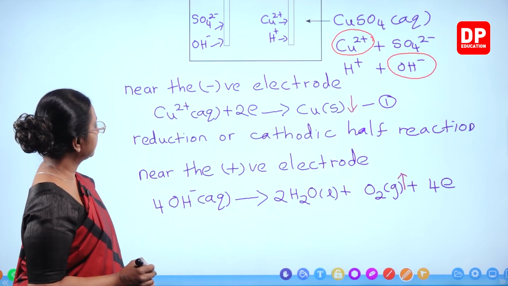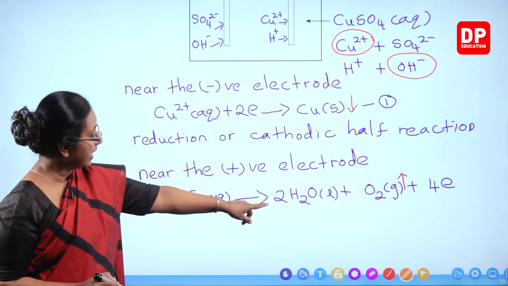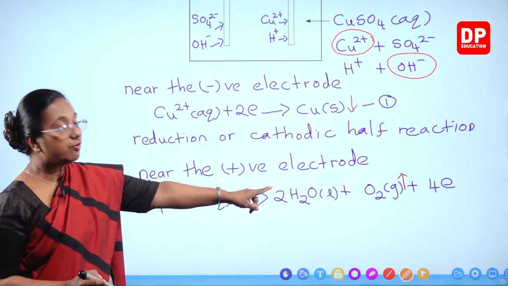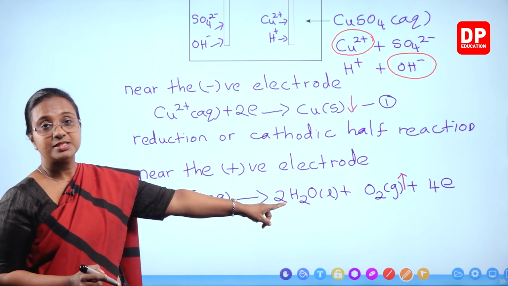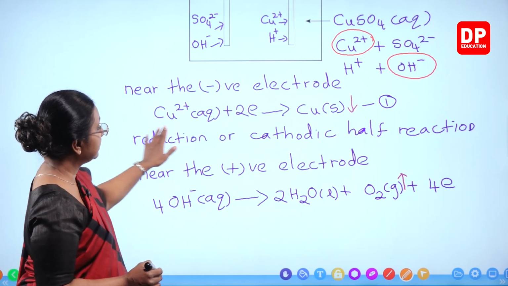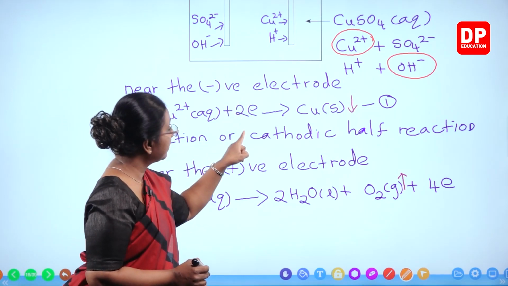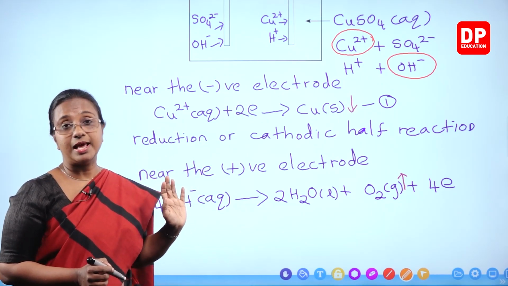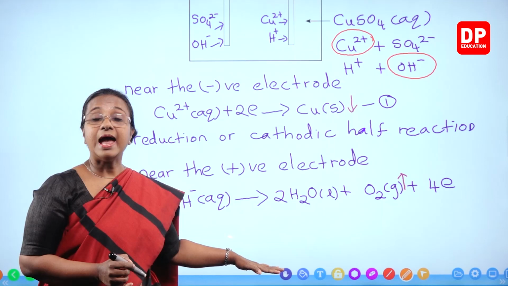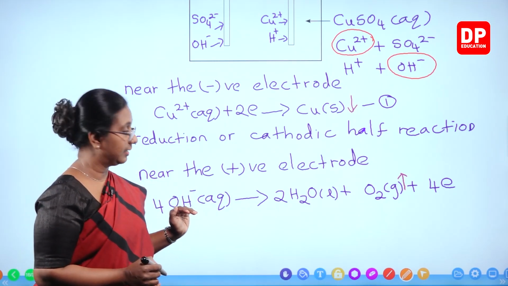And also if you see Cu2 plus 2 electrons, and there are 4 electrons being released. So what do we need to do? We need to multiply this first equation by 2 so that the number of electrons become 4 electrons, so that we can add the equations and balance them without any electrons.